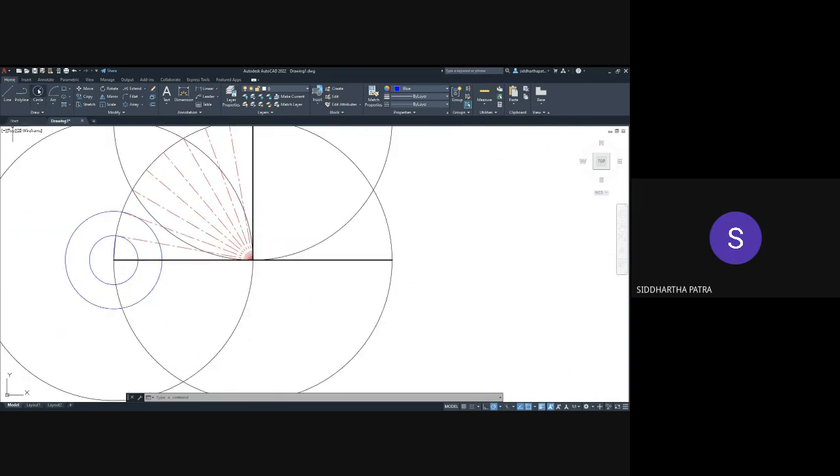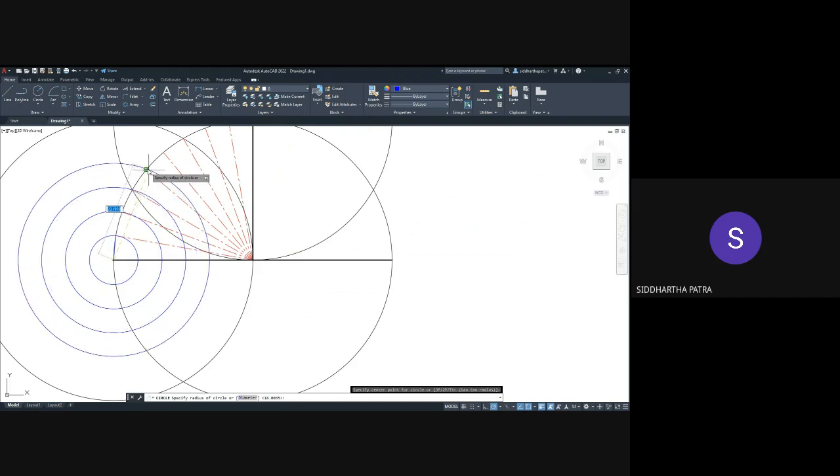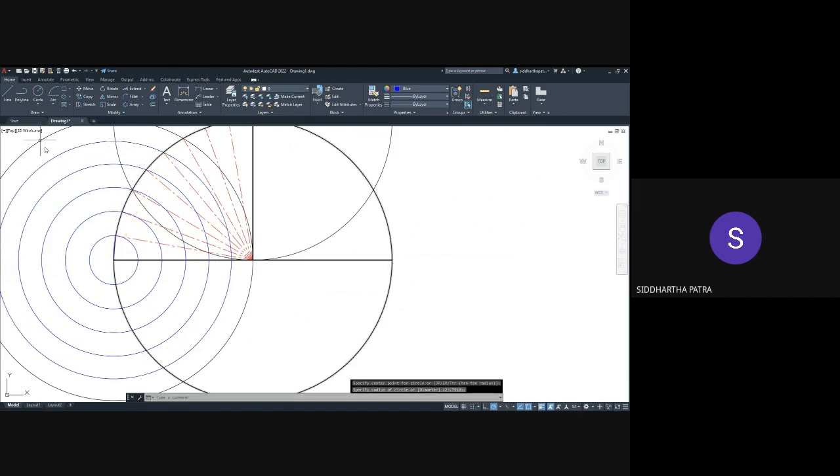But if you keep on doing this operation, if you move on to 30, then 40, then 50, then 60, of course, passes through the center of the original circle.